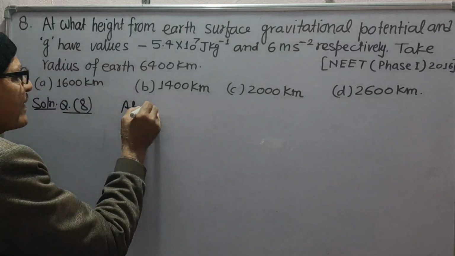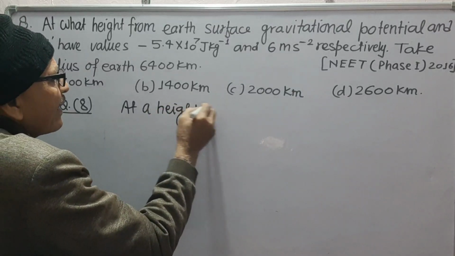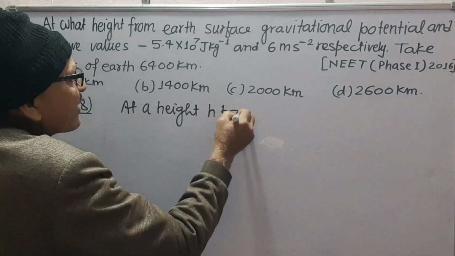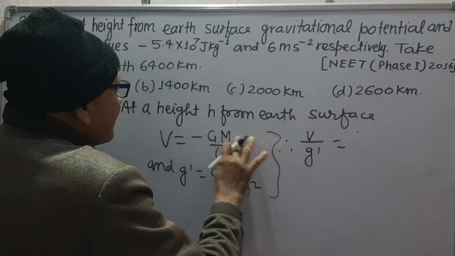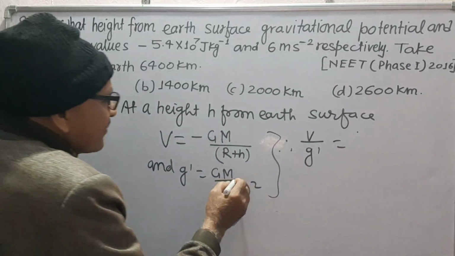So, solution to question 8. At height h from Earth's surface, gravitational potential is V is equal to minus Gm upon R plus h, and acceleration due to gravity is g dash is equal to Gm upon R plus h square.